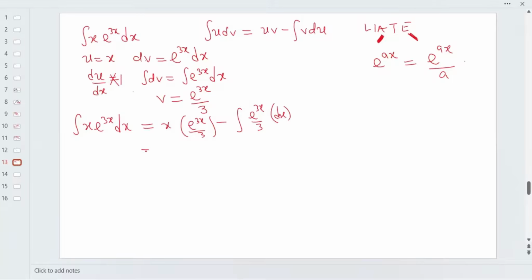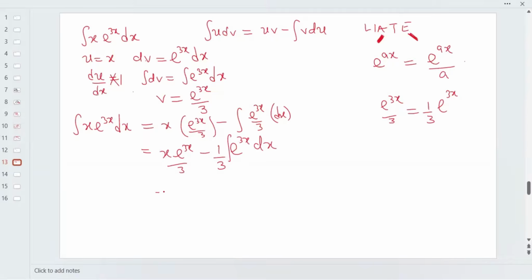This becomes x exponential 3x over 3 minus, and exponential 3x over 3 is the same as 1 over 3 of exponential 3x. So I bring out the 1 over 3, and I have the integral of exponential 3x dx.